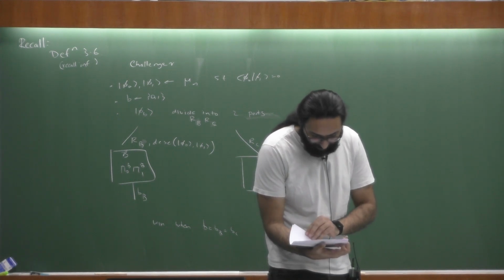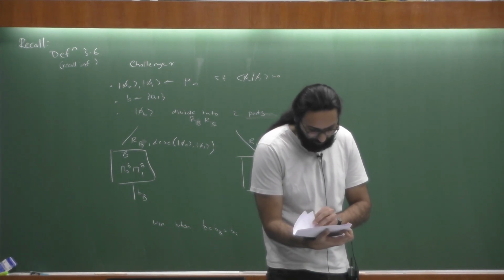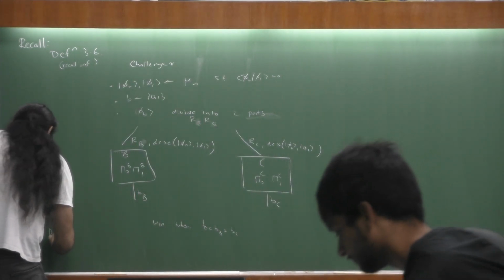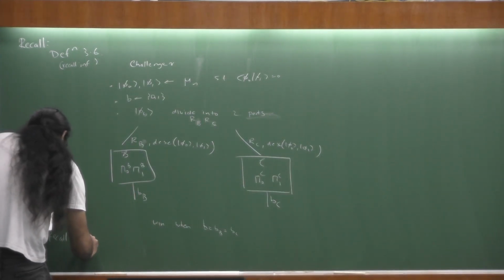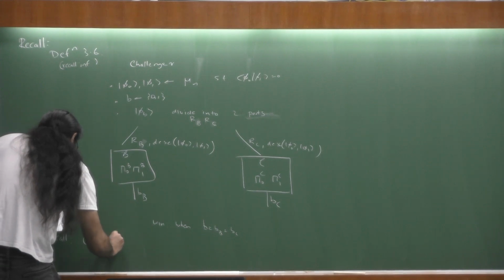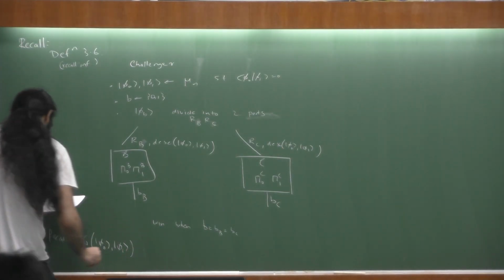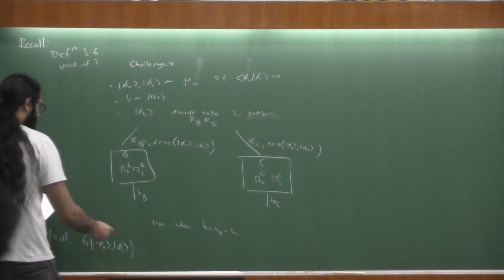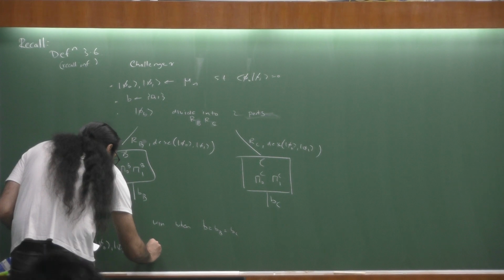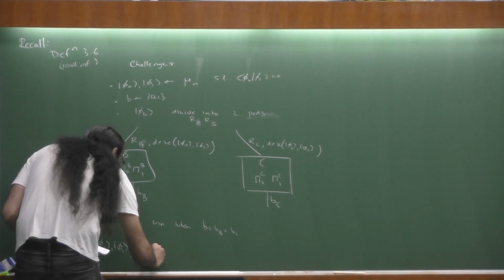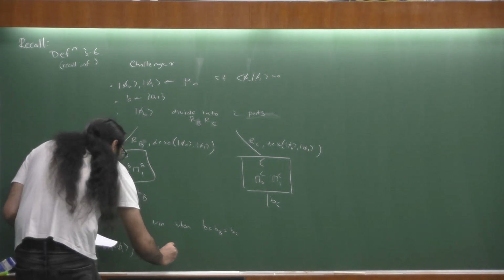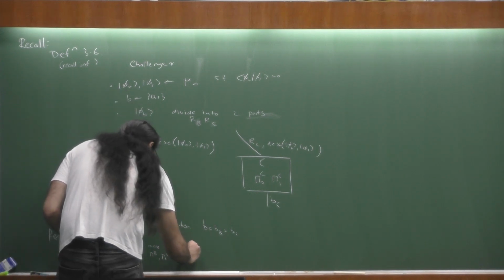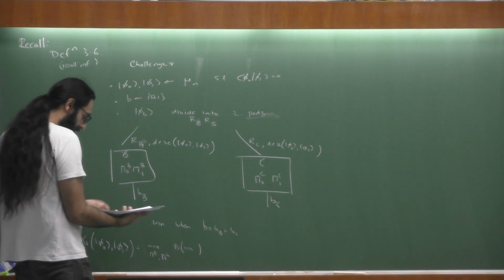Okay, and we had defined an expression. So recall that we had defined G of φ0, φ1 as the maximization, basically maximizing over π_B's and π_C's, of the probability that you win in this game.